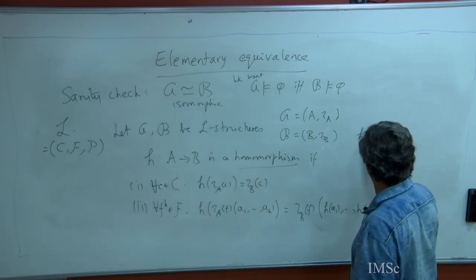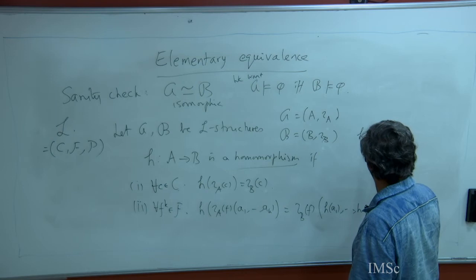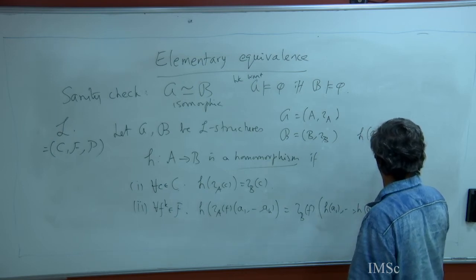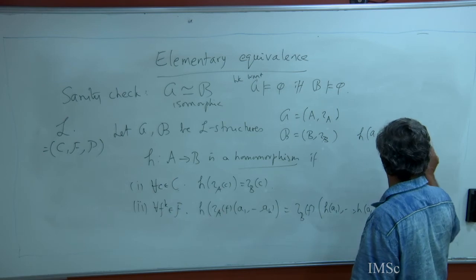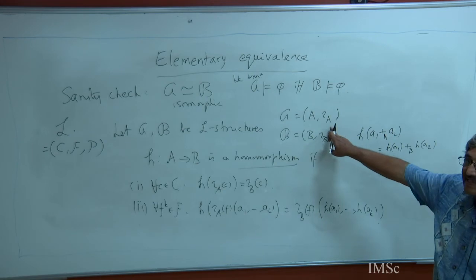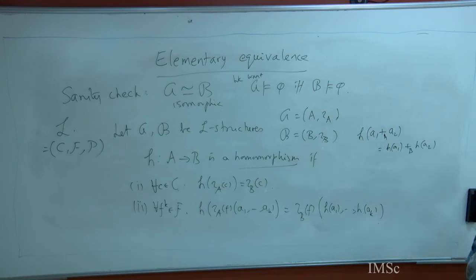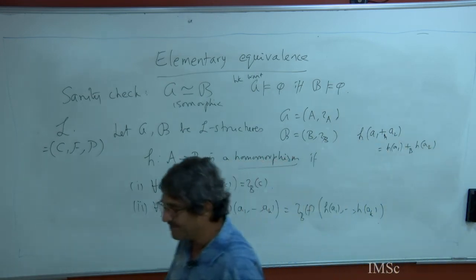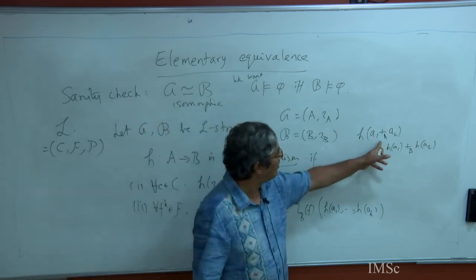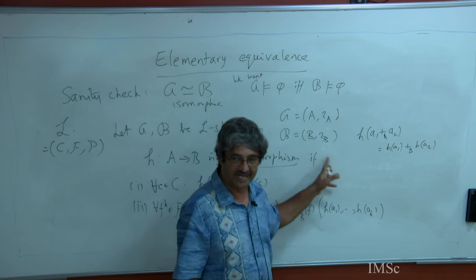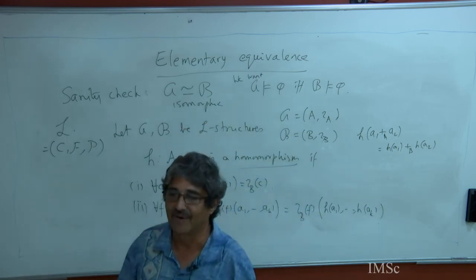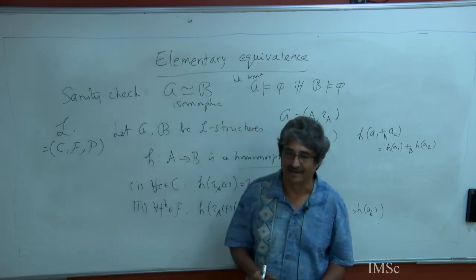Typically, this is how you would write it: H of a1 plus_A a2 equals H of a1 plus_B H of a2, right? Where this is the addition operation in this structure and this is the addition operation in this structure. And in algebra, you do a lot of such homomorphisms, right? For instance, I could map addition on this structure to multiplication on this structure, so that when I add two elements, it maps to the product there, and so on.